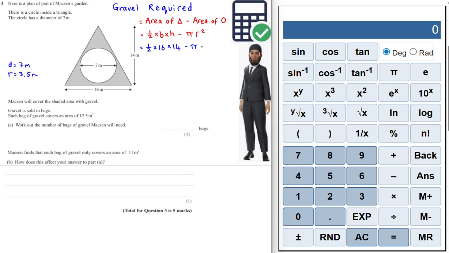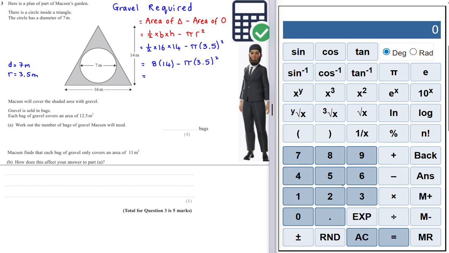So this is going to be all multiplied by 3.5 squared. So the total gravel required will be 8 times 14 minus pi multiplied by 3.5 squared. Now let's plug that into the calculator and see what we get.